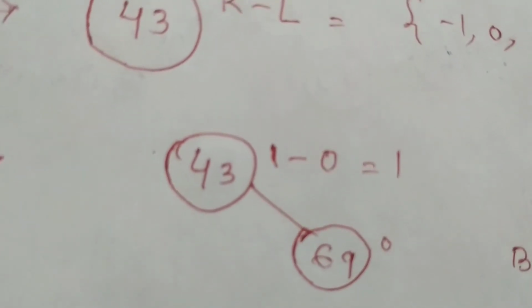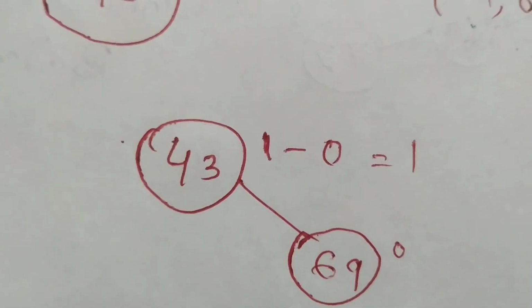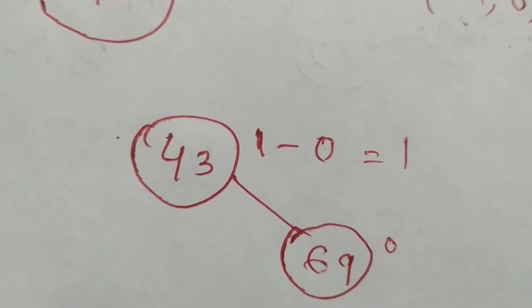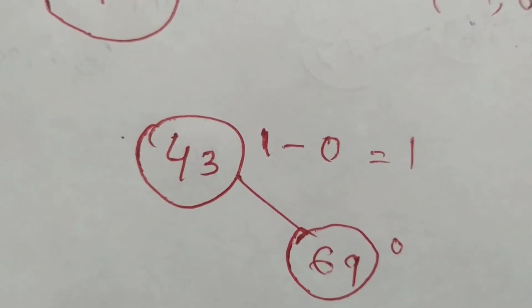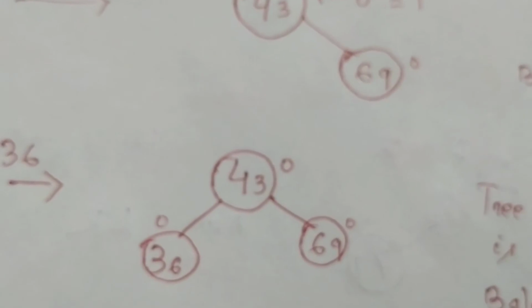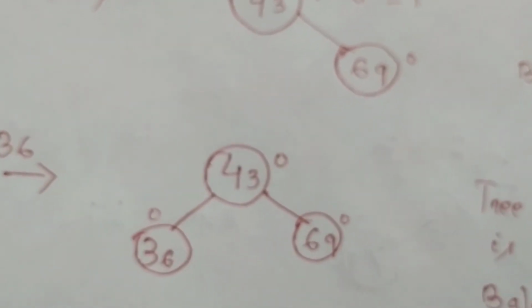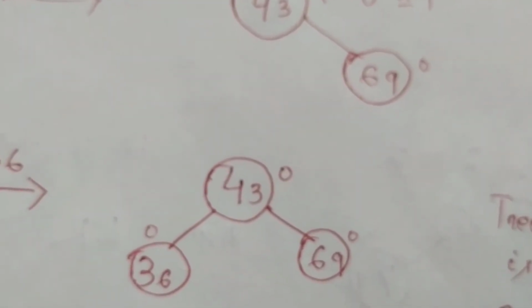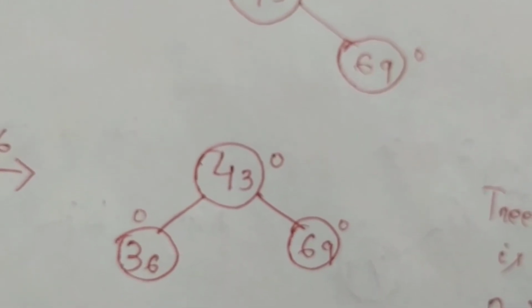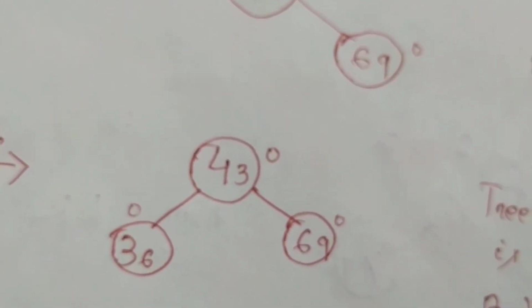What is the balance factor here? In this tree, 43 has 1 right child and no left child, so 1 minus 0, that is 1. So the tree is balanced. Then we have to insert 36. This 36 is first compared with 43, the root node. 36 is less than 43, so it comes to the left subtree.